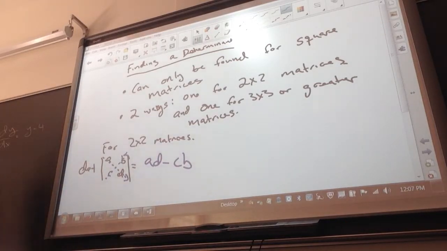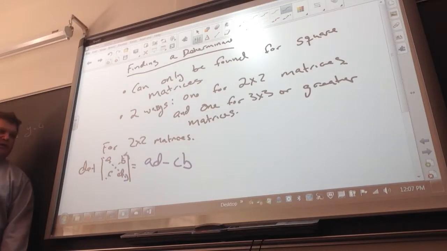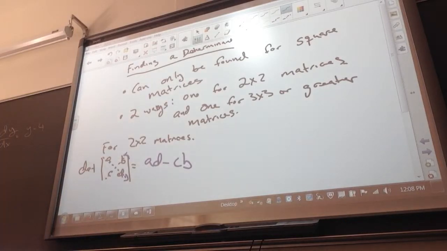If you did it the other way around, BC minus AD, you get the negative of the determinant, because it flips everything around. So this is the way you find a determinant, just like this.